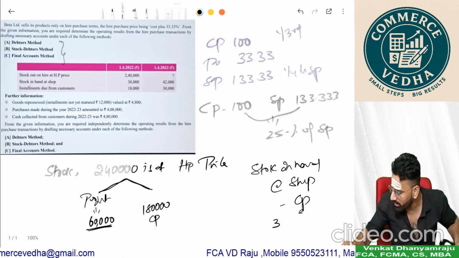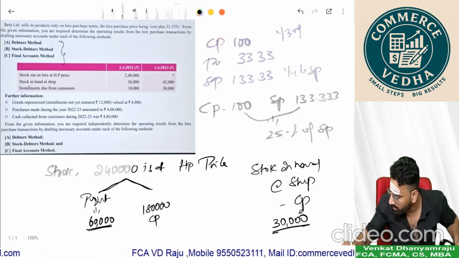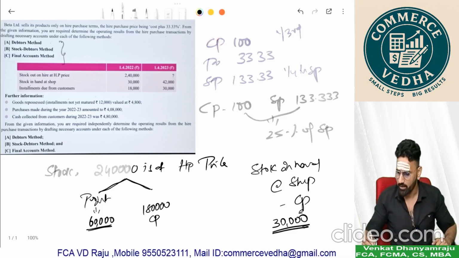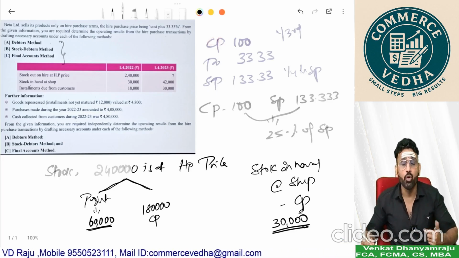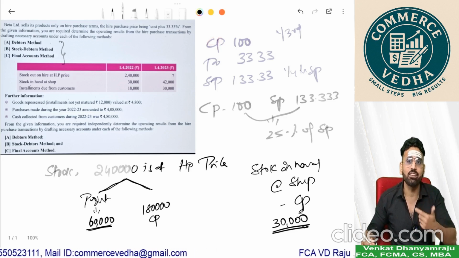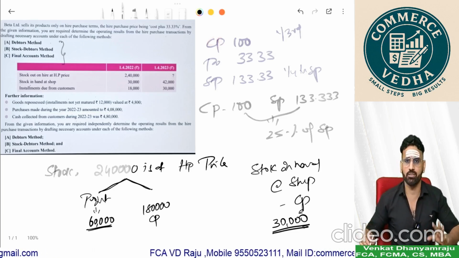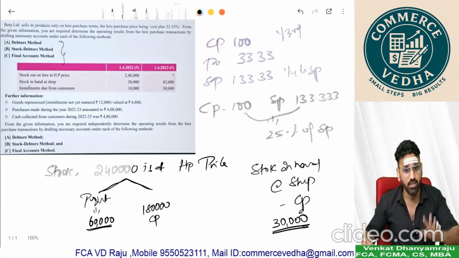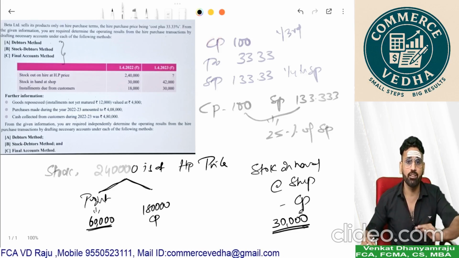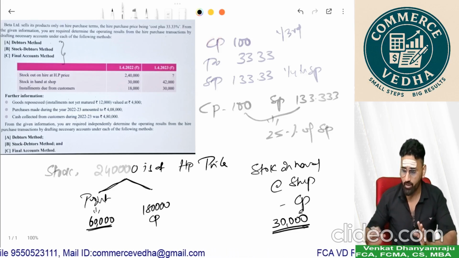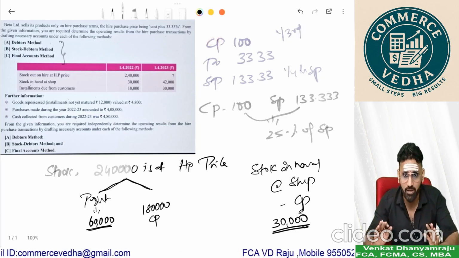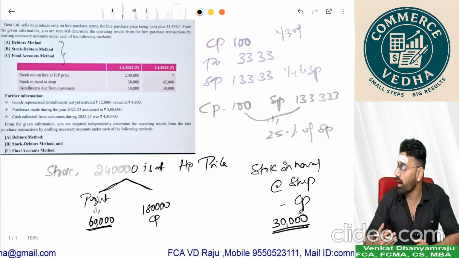The stock in hand is always at cash price. Then installments due from customers means sales made and not received. It is like debtors. 18,000 debtors are always at hire purchase price, and they shouldn't reduce the profit because the sale is already made. The first logic to be remembered before we go to answer the question.